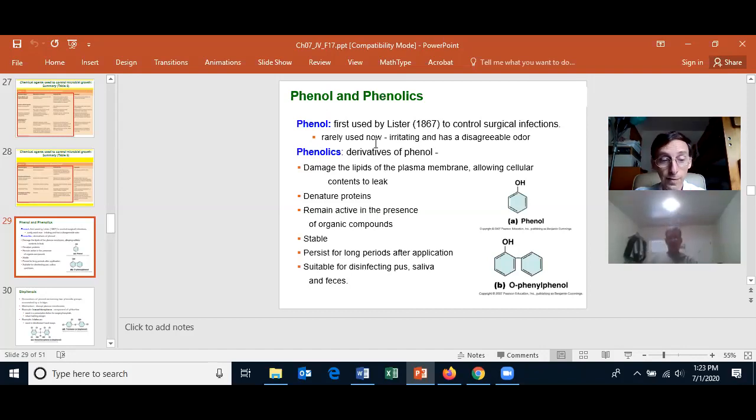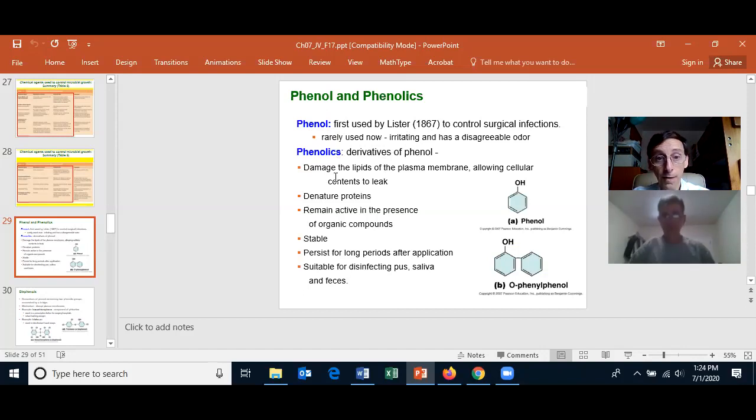You could treat them with phenol a couple of times, but then it would start dulling or rusting the blades for most metals. Stainless steel was more resistant than steel, but it would eventually rust the blade even of stainless steel if you did it enough times.